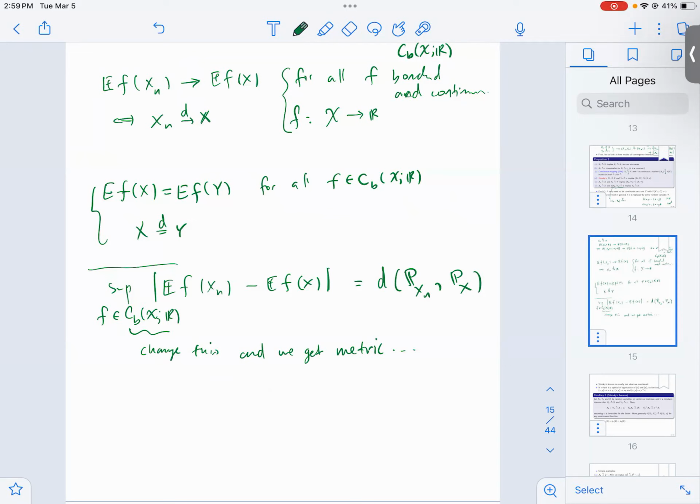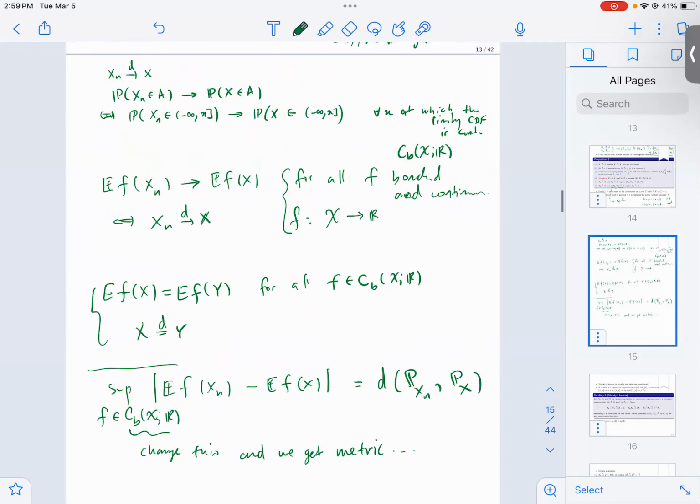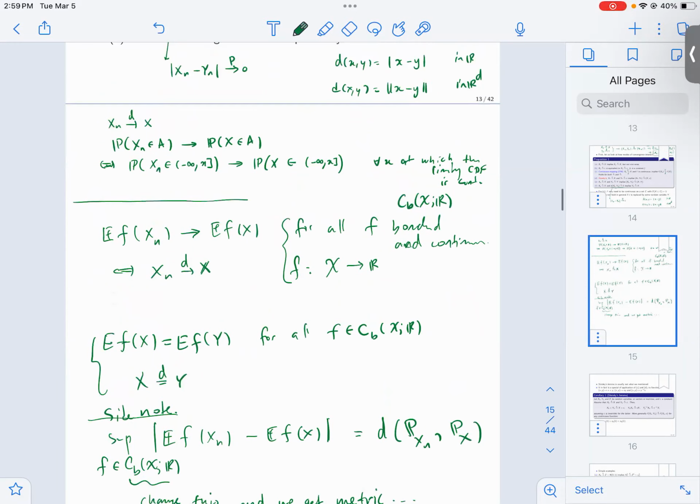But this is a side note. It doesn't concern us, but this idea can be explored and leads to other interesting stuff beyond convergence in distribution.